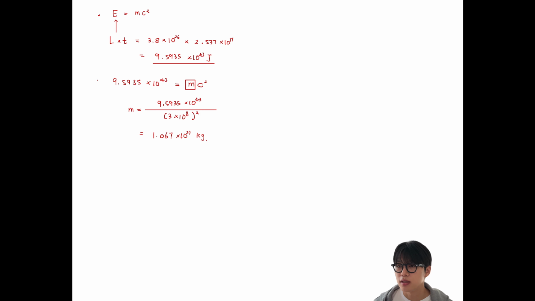Right. Lastly, question D said the surface temperature of the sun is 5,800 Kelvin. Determine the peak wavelength in the sun's spectrum. If you see the words peak wavelength or maximum wavelength, you will instantly think of Wien's law. Wien's law says that the peak wavelength times the temperature in Kelvin equals 2.9 times 10 to the negative 3.